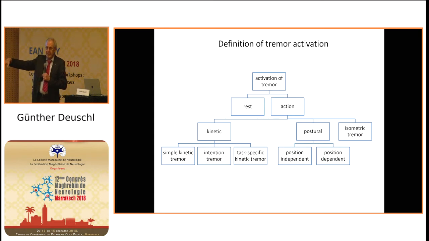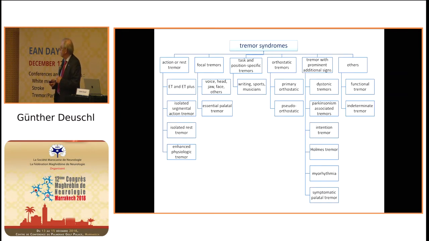When you take a pencil to write and all of a sudden tremor develops, that is a task-specific kinetic tremor. Postural tremor is separated into position dependent and independent, which is important particularly for the whole field of task-specific tremors. This is important for the separation, and we will go into this.